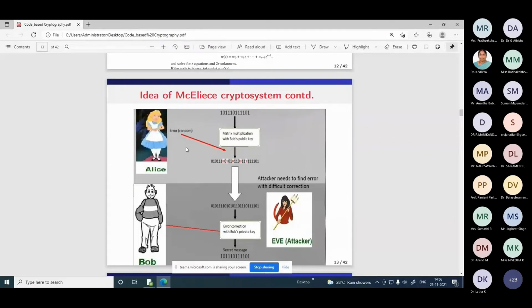Here Alice purposely adds an error vector of weight at most t. Why is she choosing weight at most t? Alice is choosing a Goppa code which is able to correct at most t errors, so Alice is choosing a t-error-correcting decoder. So M times G XOR the error vector, an error vector of weight at most t, is sent through the noisy channel.